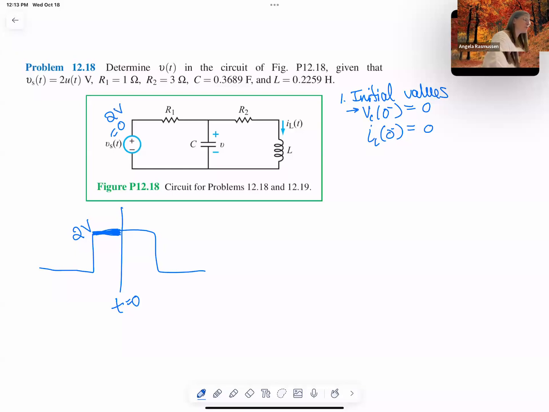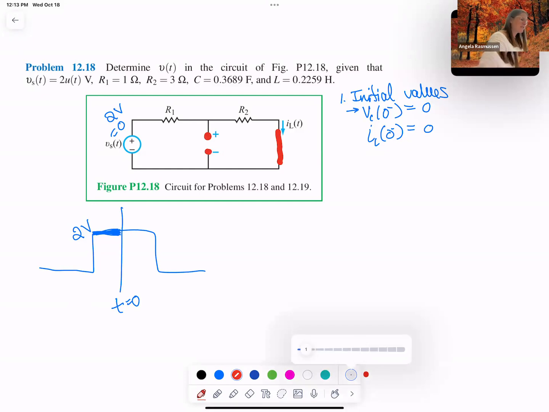Then this would be 2 volts and these would be open. Let me get a bigger one. And this would be shorted. Oh, that is very big. And so in this case, VC2.